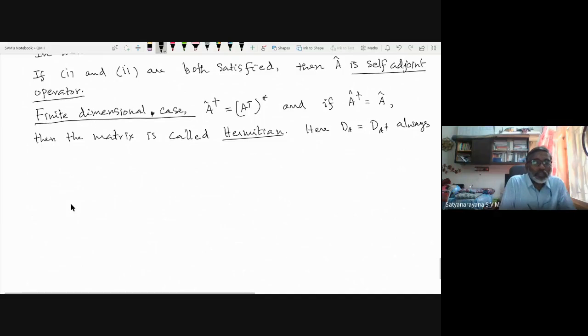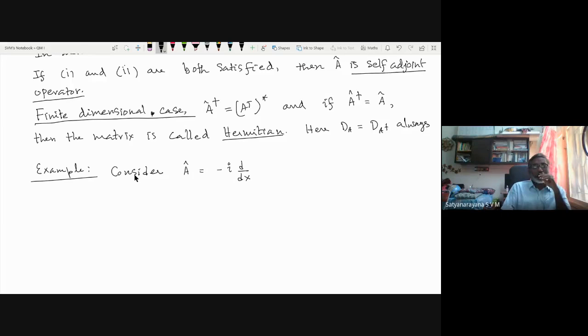Suppose we consider an operator A equal to minus i d by dx. What will be your A dagger?